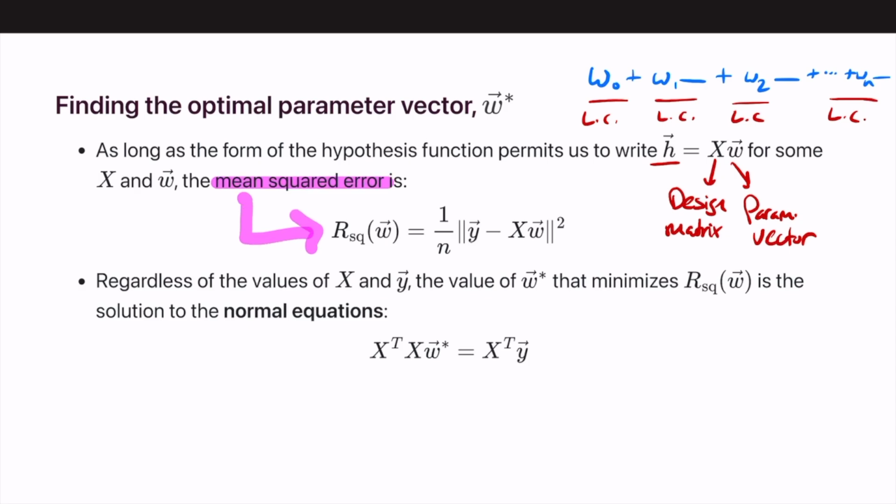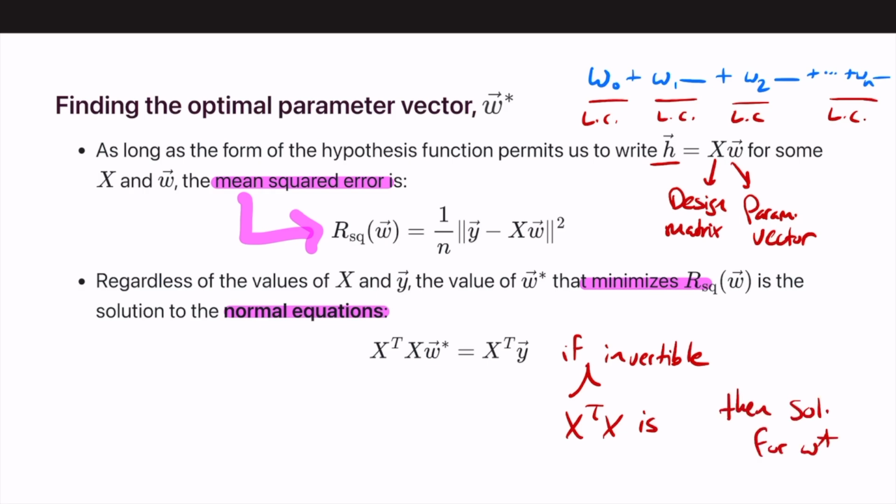And if we can define mean squared error like that, then we can use the normal equations to minimize mean squared error. And if we can do that, then we're good. Again, as long as this is invertible. Or I should say if X transpose X is invertible, then we have a solution for W star.